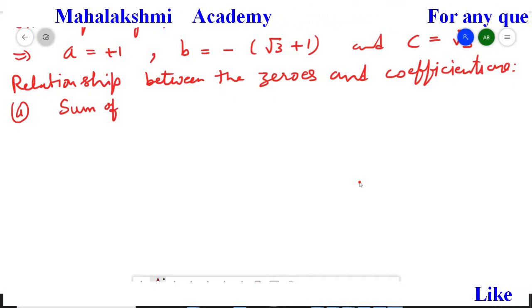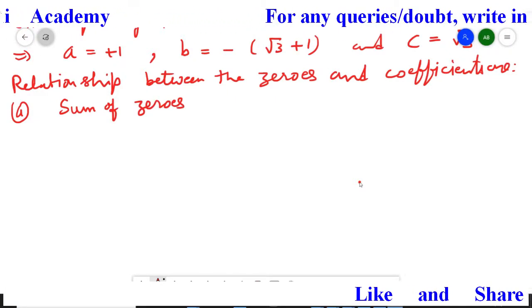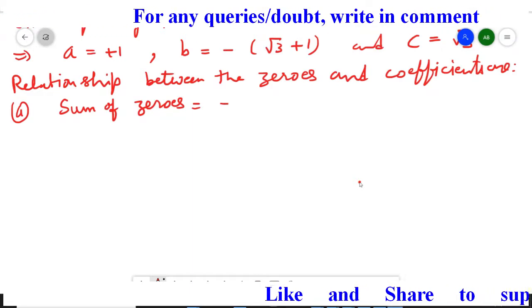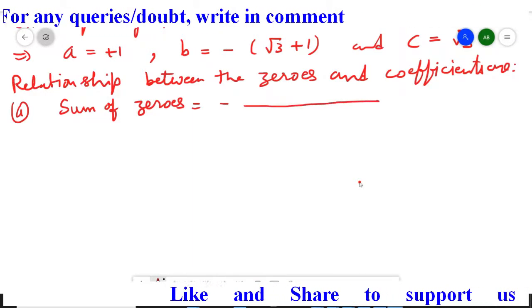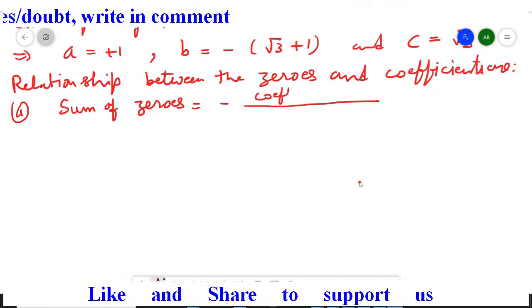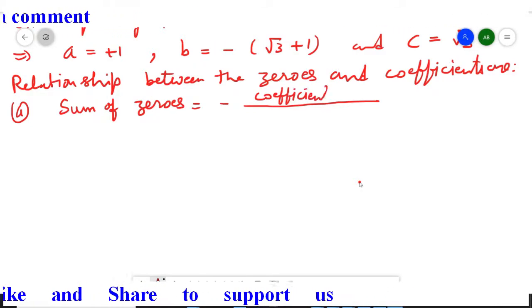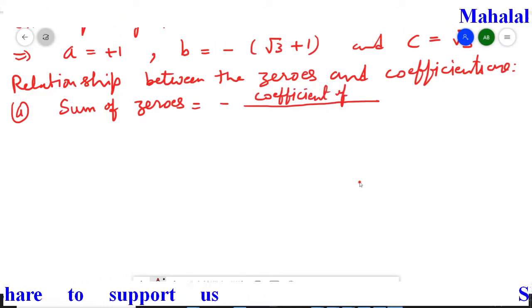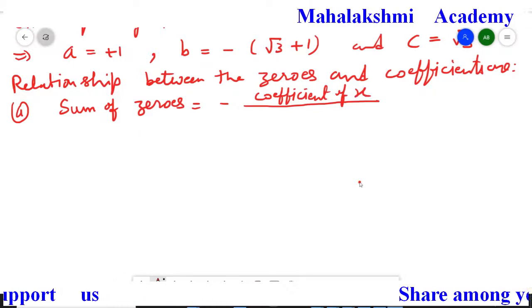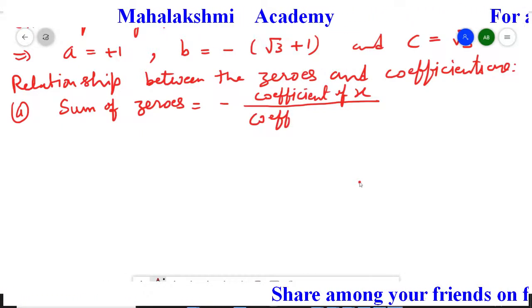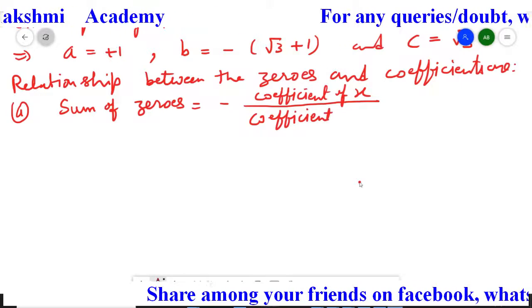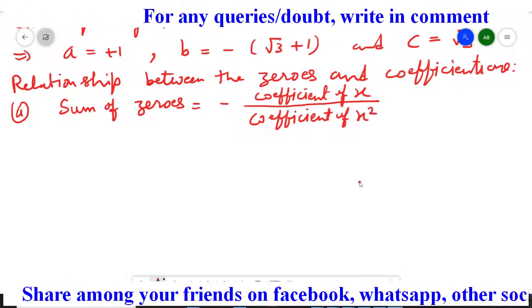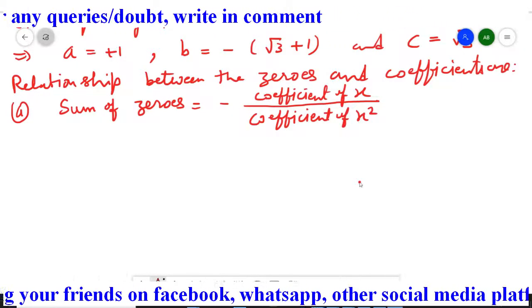sum of zeros is equal to minus coefficient of x upon coefficient of x square. So sum of zeros, what are the zeros?